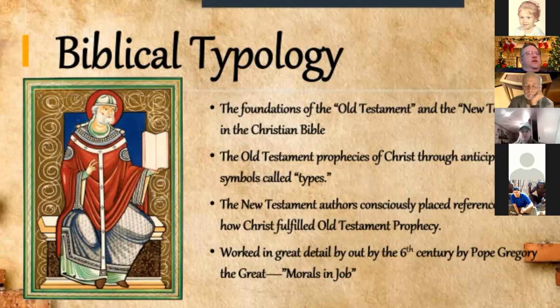Biblical typology is the way that Christians have always, from the very beginning, read the Jewish Bible or the Hebrew Bible. They read it as a series of types. If you read Matthew, he is probably the most typological of all of the gospel writers. He is constantly telling us this happened so that this prophecy of the Old Testament could be fulfilled.